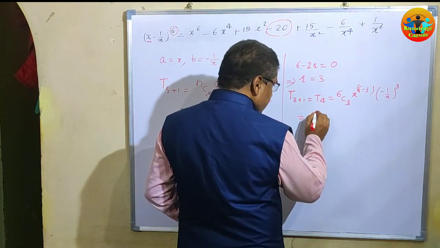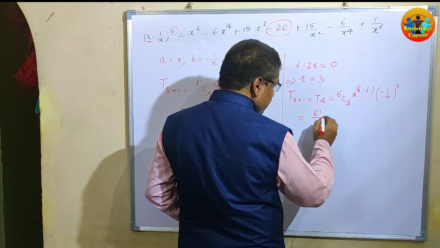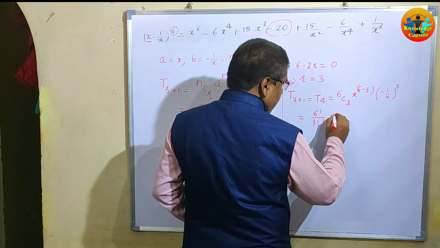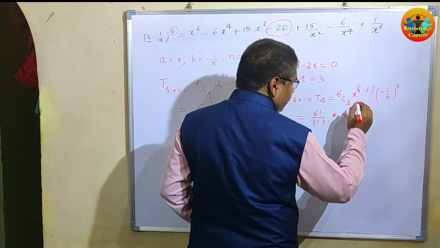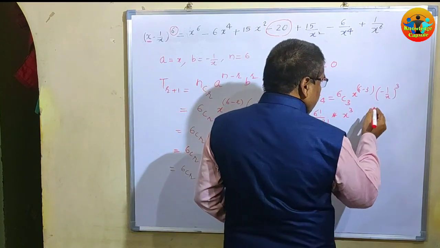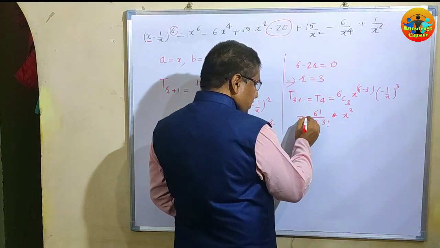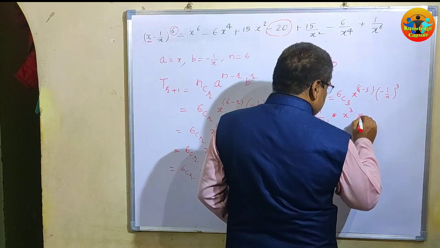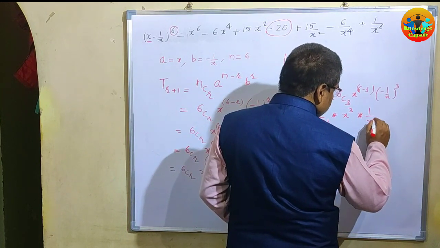This can be written as factorial 6 upon (6 minus 3) factorial, that is 3 factorial, into 3 factorial into x raised to 3. As this power is odd, here we will take a negative sign into 1 by x raised to 3.